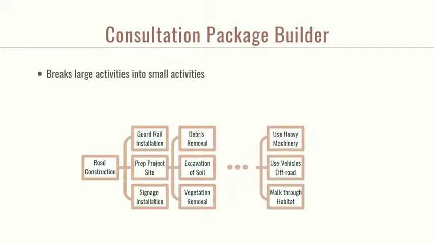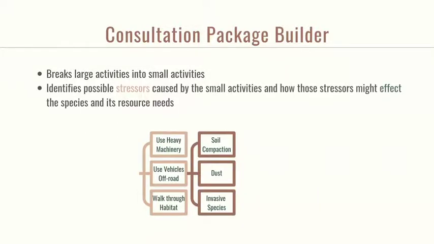And all of this information is put in on the back end of IPaC. You don't really see this, but it will help you really analyze your project. The CPB pulls in that information, and then the next thing that it does is that based on the smallest activities, the CPB will identify possible stressors caused by those small activities.